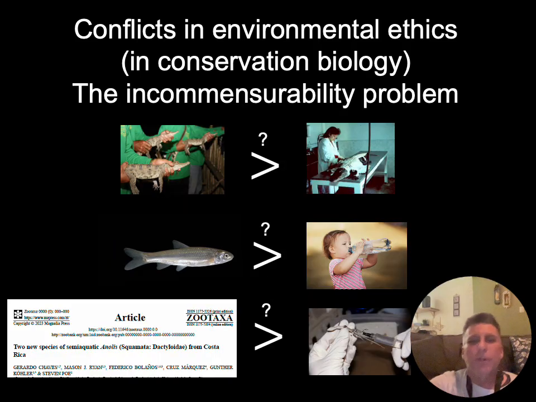So what all these things are getting at is this so-called incommensurability problem, or more precisely, the incomparability problem. And that's: how do you compare these things? There's no common scale to measure scientific value versus the value of an individual animal, or versus the value of a species. And it's not just not having the same quantitative scale.